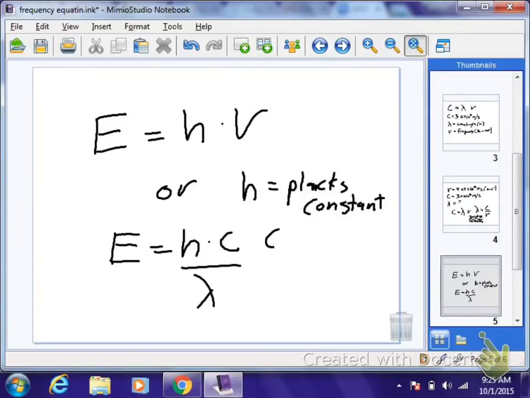And it is 6.626 times 10 to the minus 34th joules times seconds. Now, how did he find that number? Well, I don't exactly know. I don't know all what he went through to find that number, but that number will allow us to solve for energy, frequency, or wavelength, any of the three, anytime we want to. So it's just a constant like C is a constant.